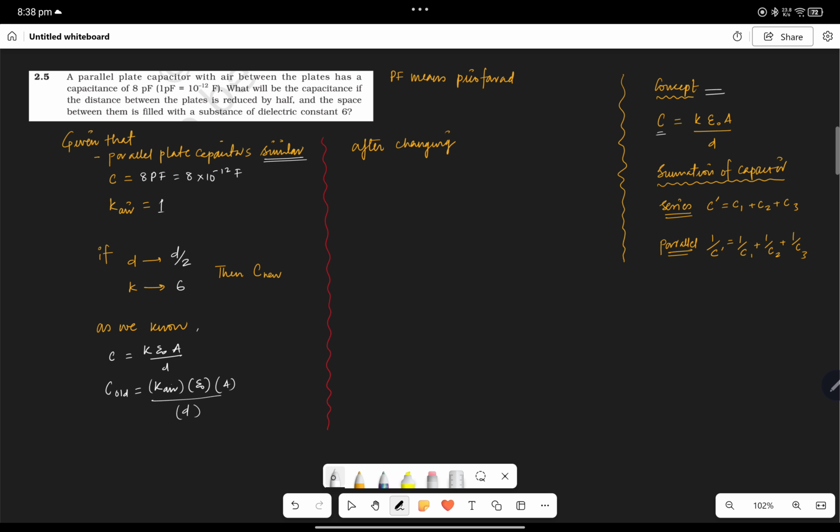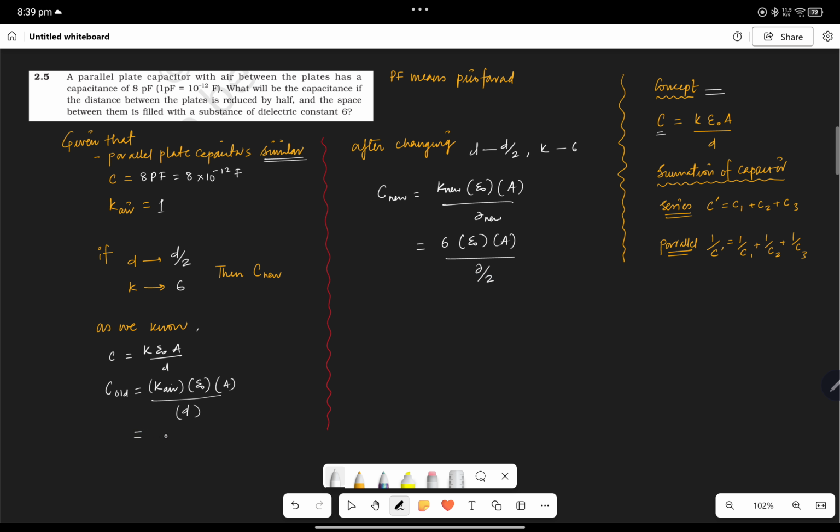Now after the change, D is D by 2 and K is 6. So C new is K new into epsilon naught, which is not going to change, and A, which is not going to change, by D new. By putting in the values, K new is 6, epsilon naught, then A, and D new is D by 2.